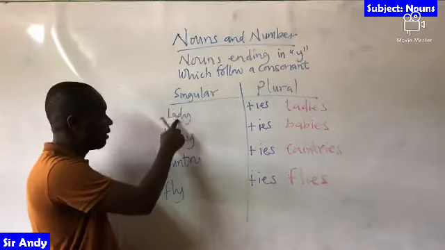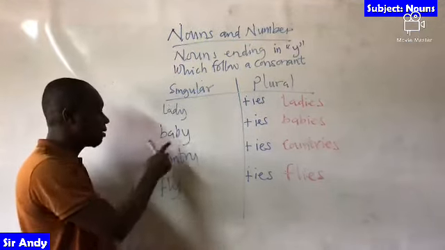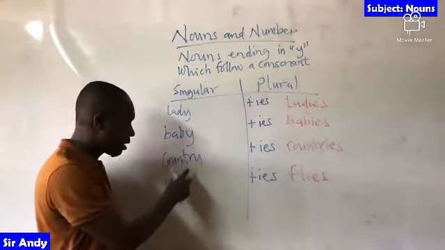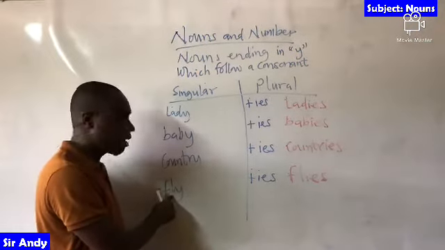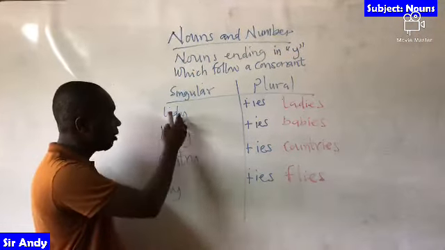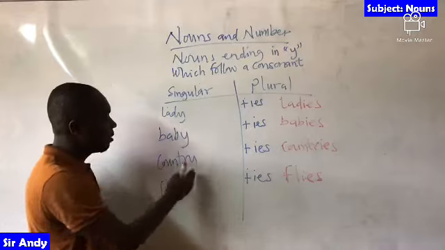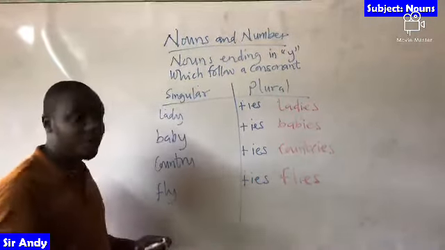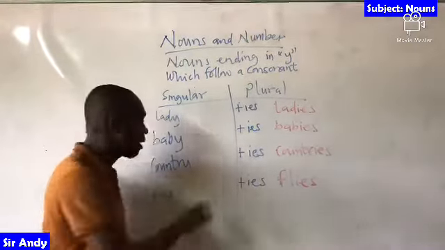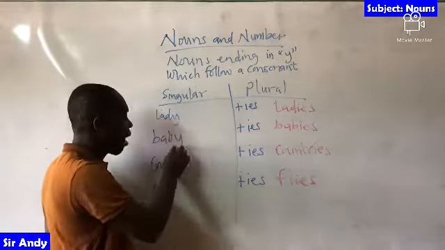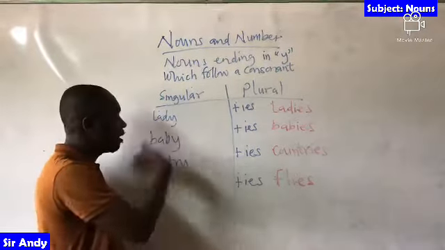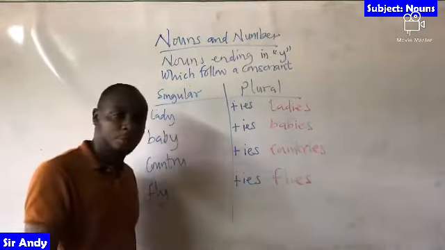The d, b, r, and l are consonant sounds, and the y is coming after consonant sounds. Therefore, we take away these y's and add ies to change them from their singular states to their plural forms.